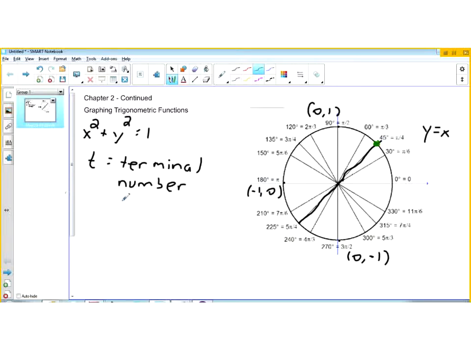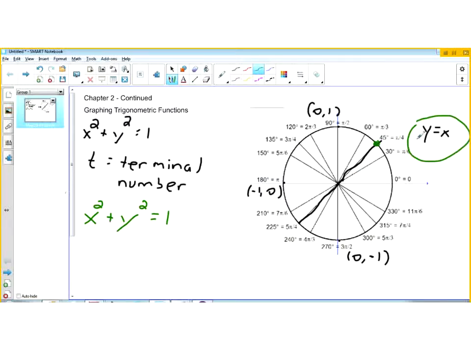So all we have to do is make use of the equation of the unit circle, which is x squared plus y squared equals 1. The line y equals x, where it intersects the unit circle, would be the terminal point for t equals pi/4, right here as shown.